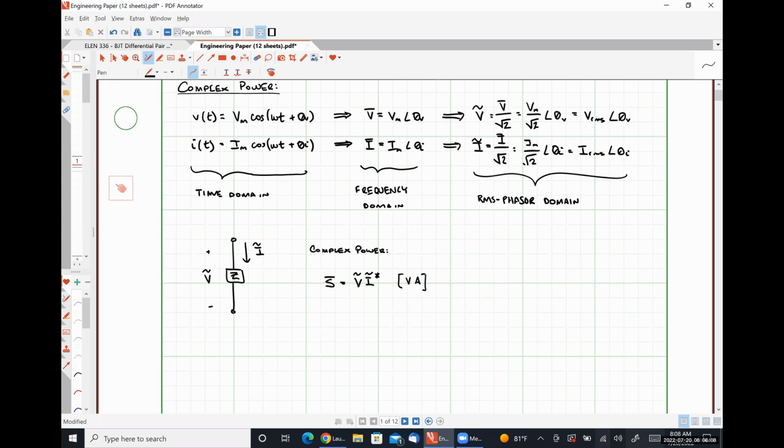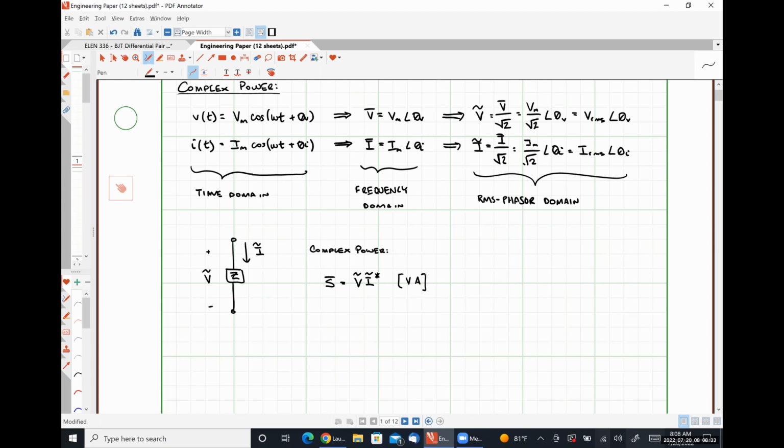All right, so since the complex power is the product of an RMS phasor voltage and an RMS phasor current, these are just complex numbers. And so that means that we will have a polar form representation of our complex power and a rectangular form representation of our complex power.